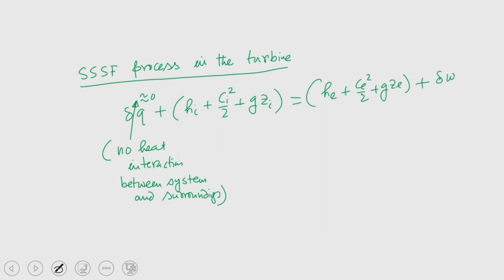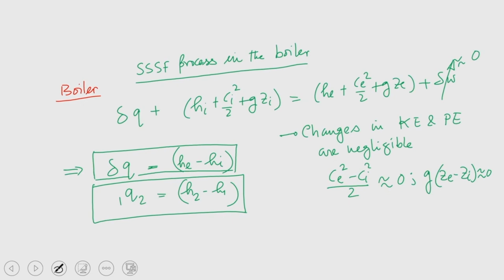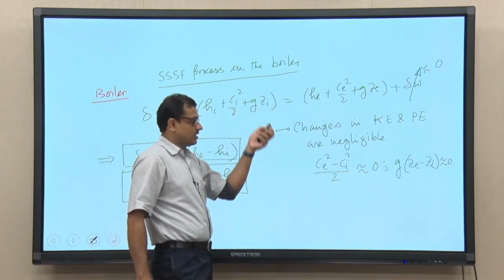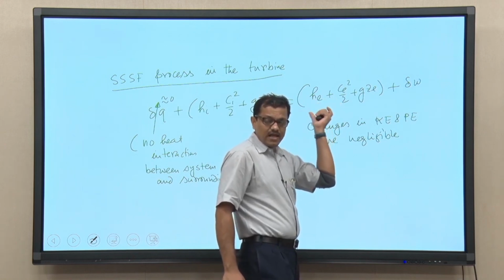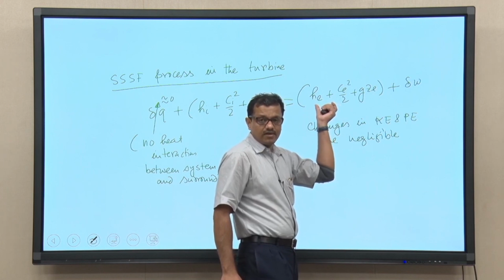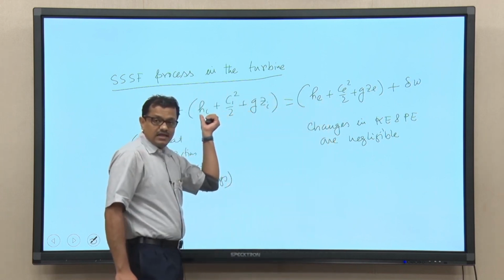You can also consider that the changes in kinetic energy and potential energy are negligible. Now, in the last slide we also used e and i, but mind it, there e stood for exit from the boiler and i stood for inlet to the boiler. Similarly, since we are applying this equation to the turbine, e stands for exit of the turbine and i is the inlet to the turbine.